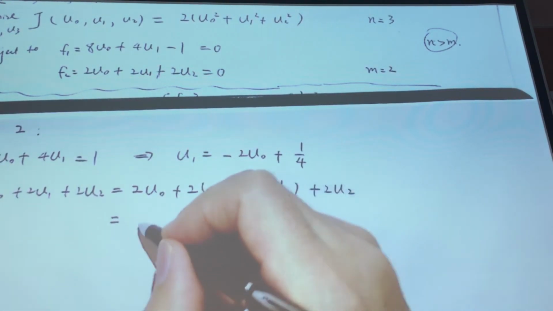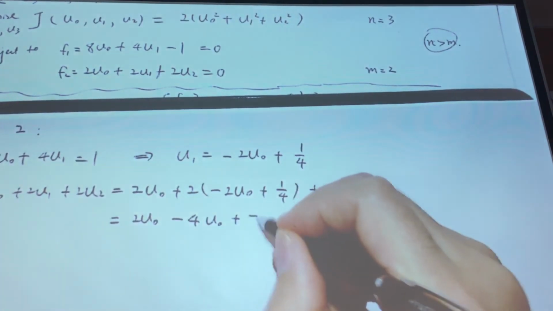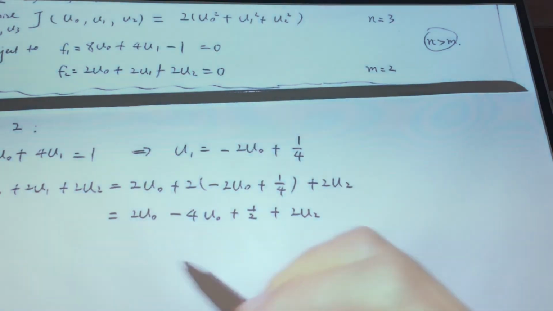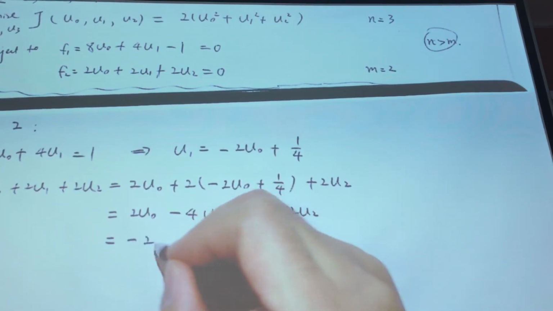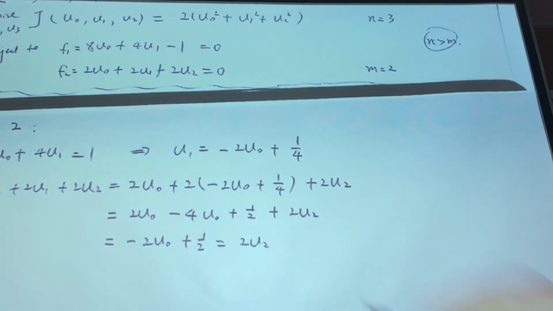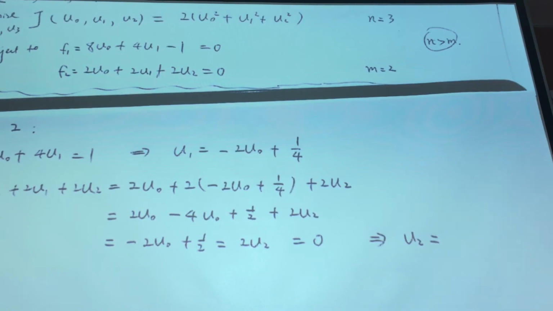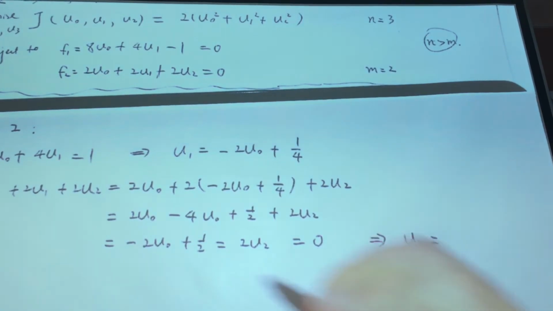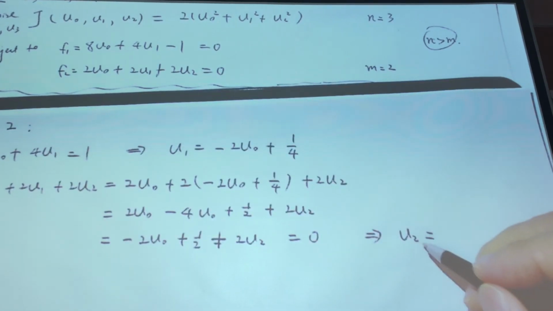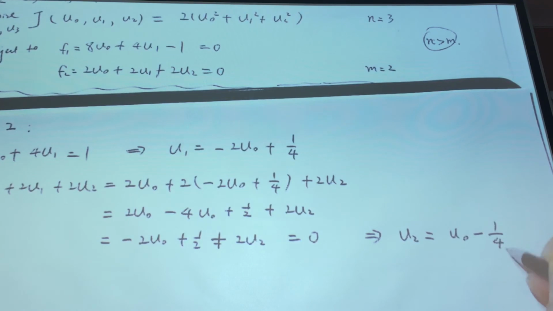This gives minus 4u0 plus a half plus 2u2, so minus 2u0 plus a half equal to 2u2. So u2 is given by u0 minus a quarter.